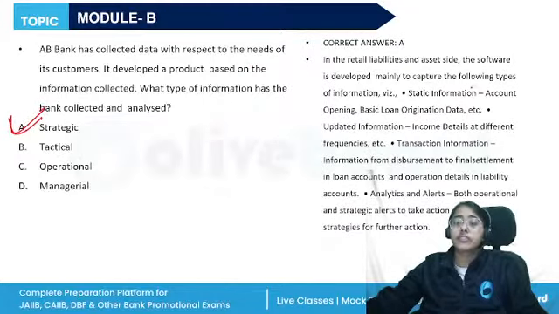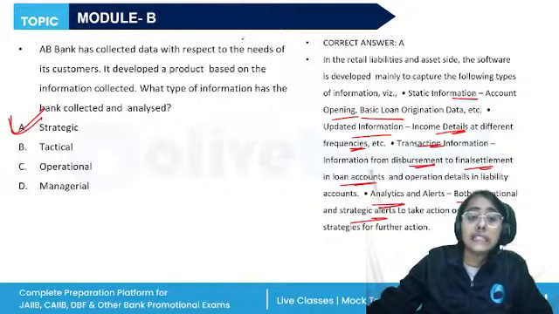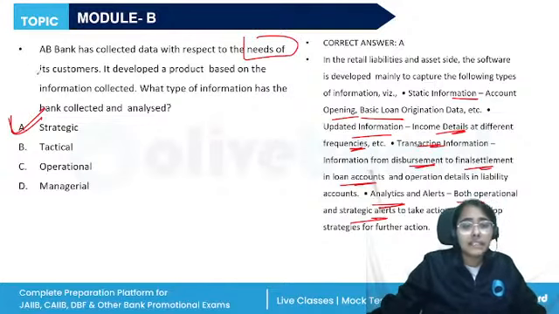Strategic information refers to the account opening, basic loan origination data, updated information, income details at various frequencies. Transaction refers to the disbursement to the final settlement in the loan account, and analytics and alerts, both operational and strategic alerts. So if we are talking about customer needs and expectations, then we are referring to the strategic information.